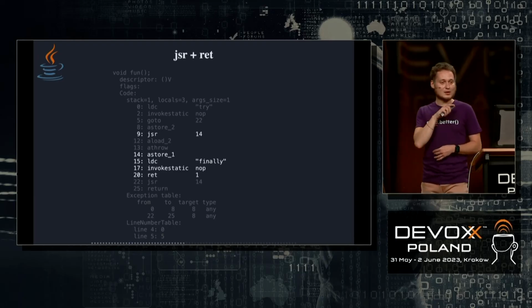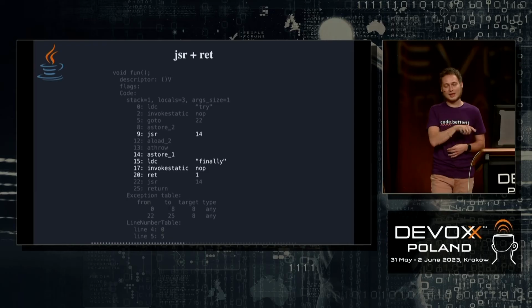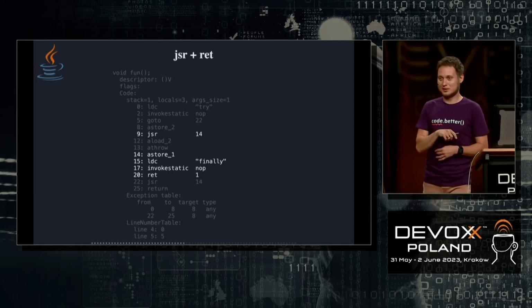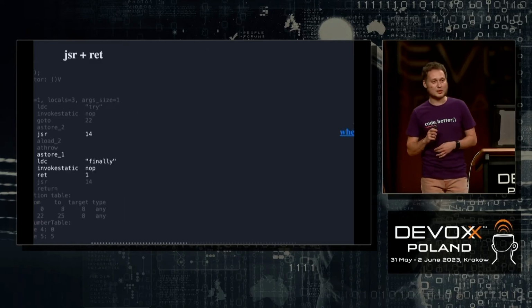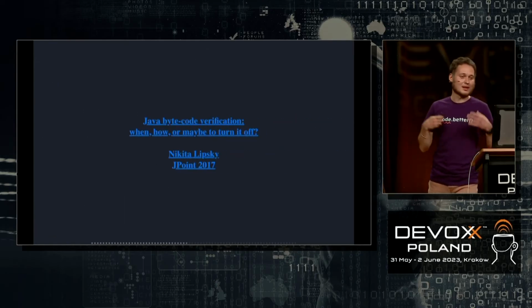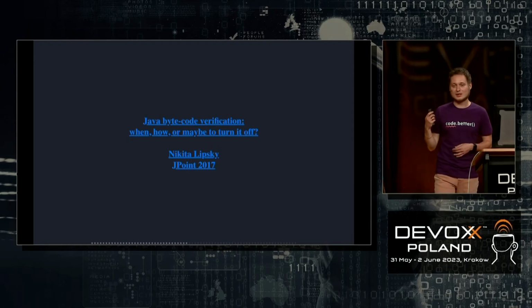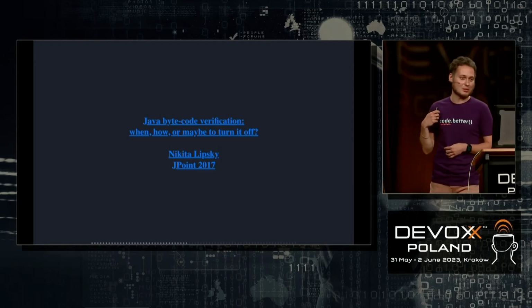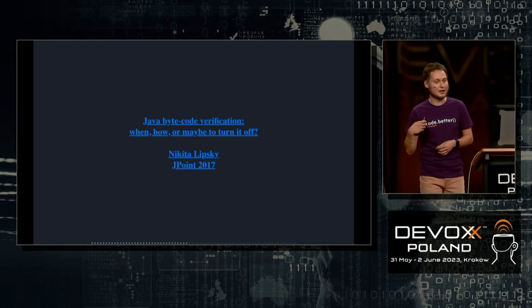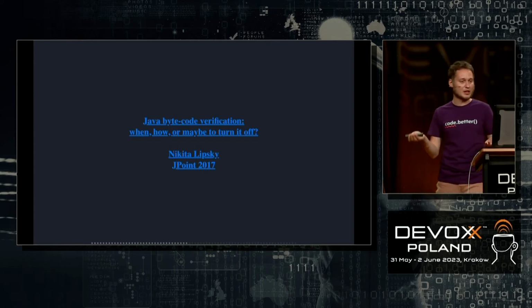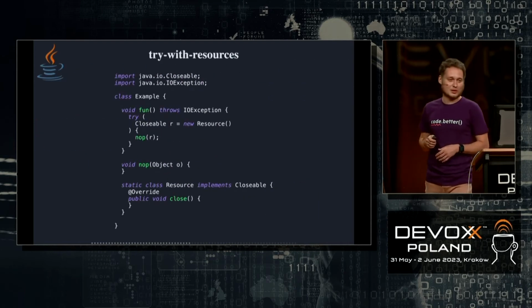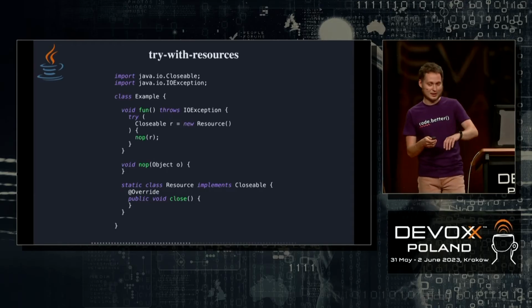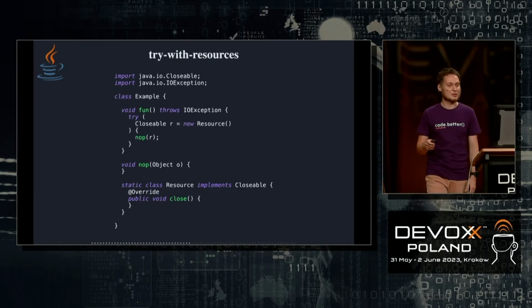It's a little subroutine, a little function inside of your function that you can call and from which you can return. Wonderful. But unfortunately, everything evolves. If you're interested why they got rid of this subroutine, you can refer to another wonderful presentation of my friend Nikita Lipsky, Java bytecode verification: when, how, or maybe to turn it off. But let's move on. More complex examples, and we don't have that much time left.